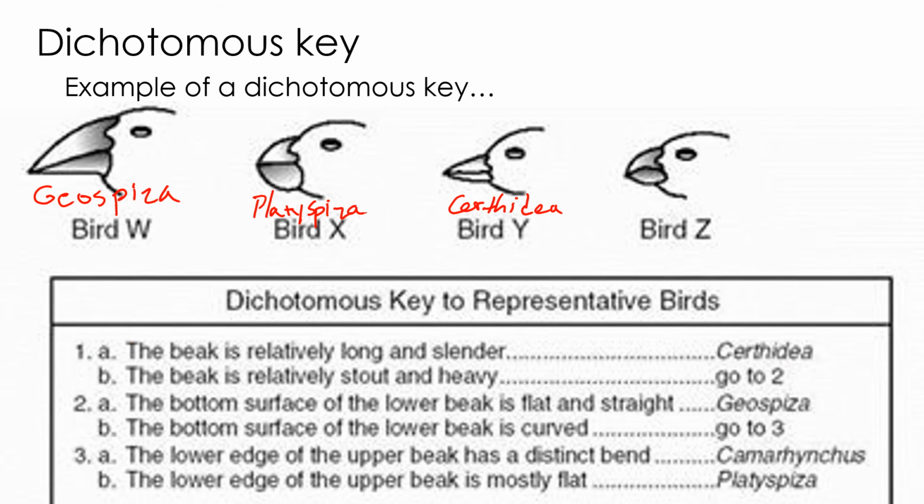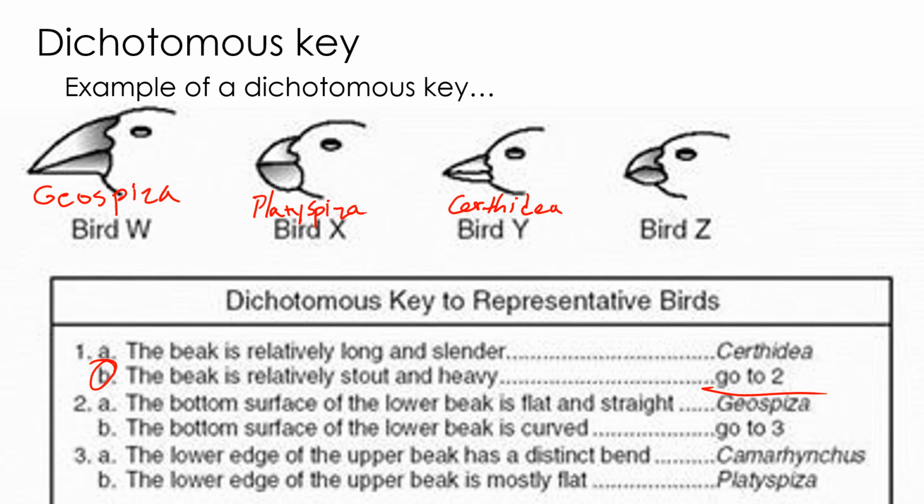And finally, bird Z. Now, even though we know what it's going to be based on process of elimination, it's always good to go back through your steps just to see if you've made any mistakes. So relatively long and slender, stout and heavy. That's going to be stout and heavy. So go to 2. Is the bottom surface of the lower beak flat and straight, or is it curved?